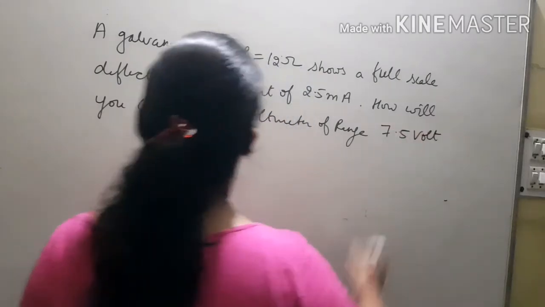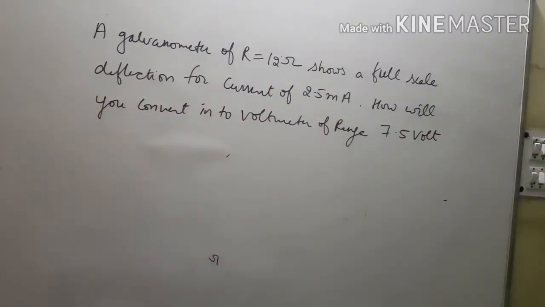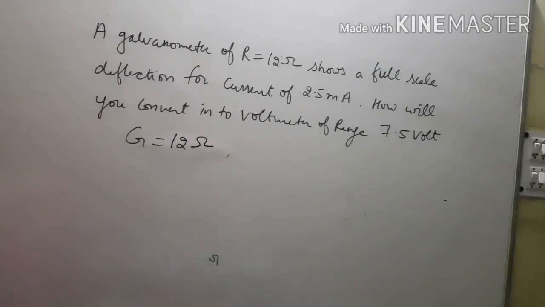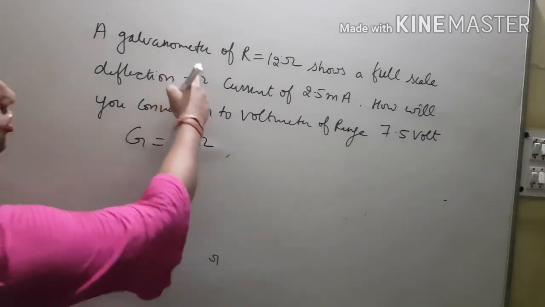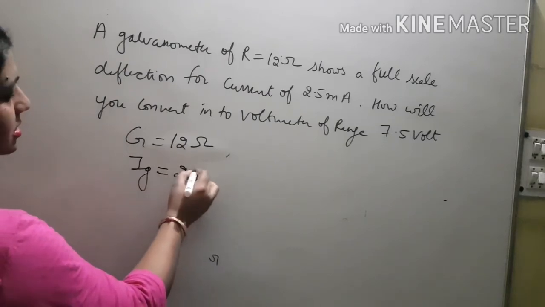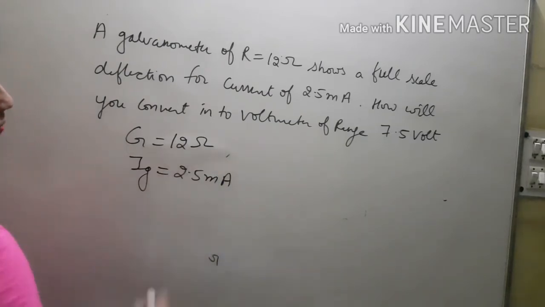So the question is a galvanometer of resistance. Galvanometer resistance is denoted by G, and that is 12 ohm. It shows a full scale deflection for the current. So it is the current of the galvanometer, and that is 2.5 milliampere.